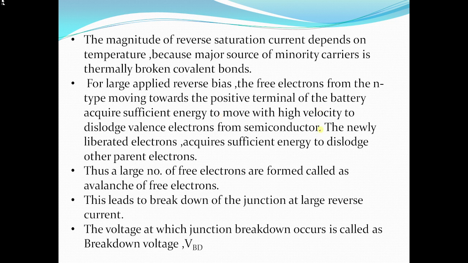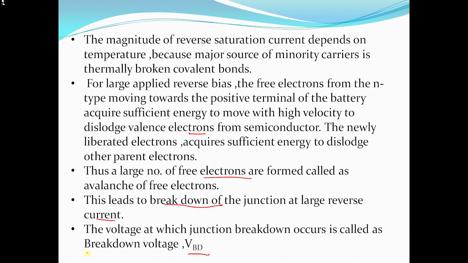The minority charge carriers collide with other crystal ions and remove electrons. This rapid multiplication of free electrons raises current rapidly. The voltage at which current rises rapidly is called breakdown voltage, represented by VBD.